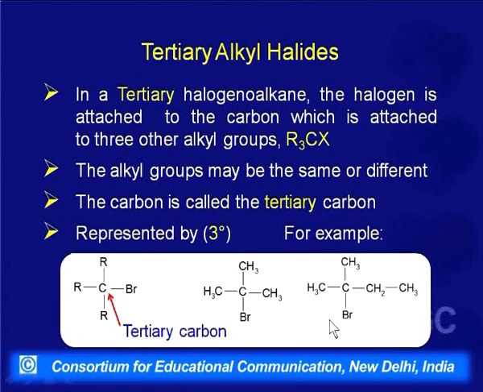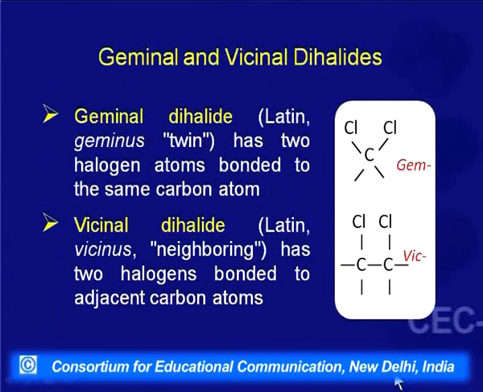And another example is this pentyl bromide molecule, where the tertiary carbon is attached on one side to 2 methyl groups and on the other side to an ethyl group. So, these are the tertiary alkyl halides.